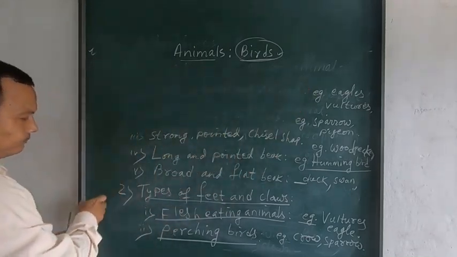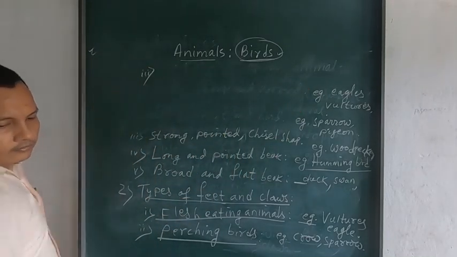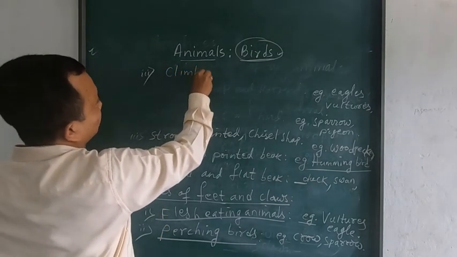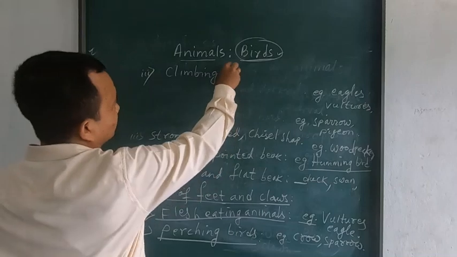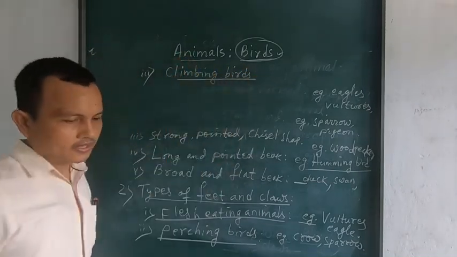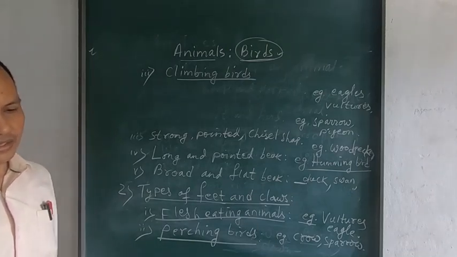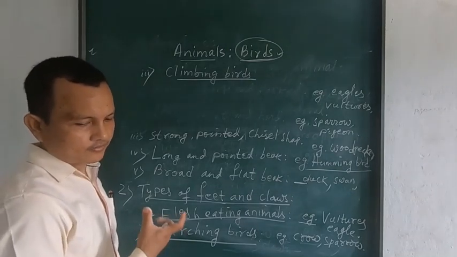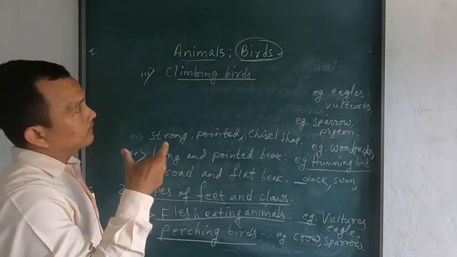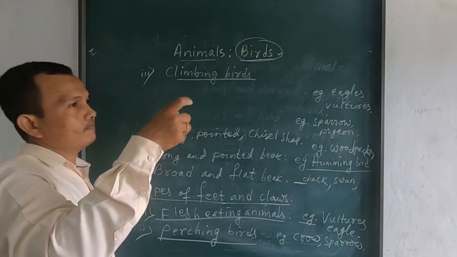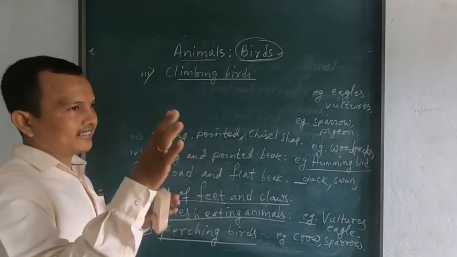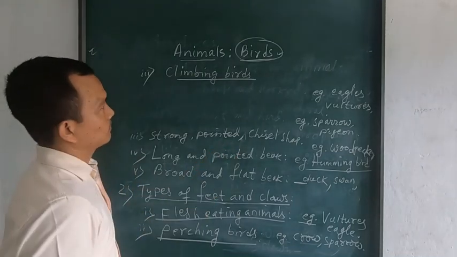And the third point, climbing birds. The climbing birds usually have claws where they can cling and climb on the branches, or hang on the tree.